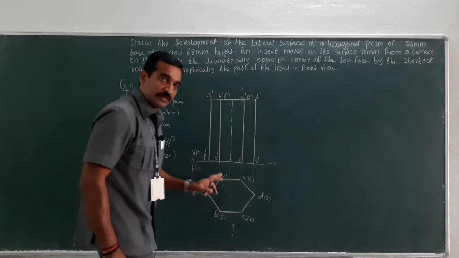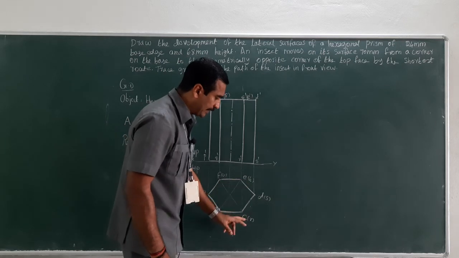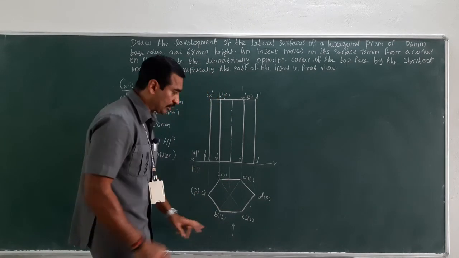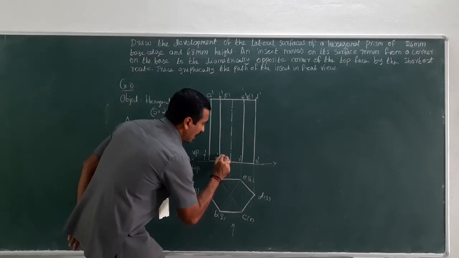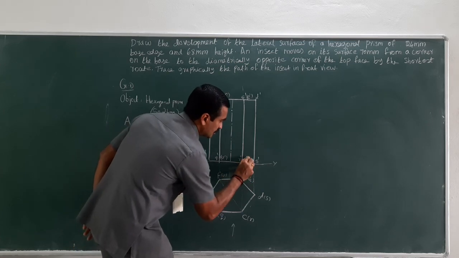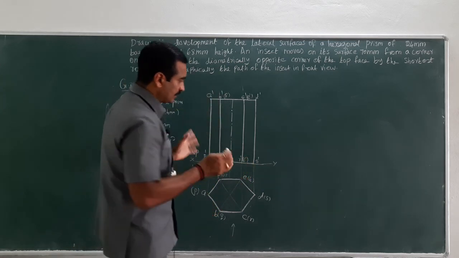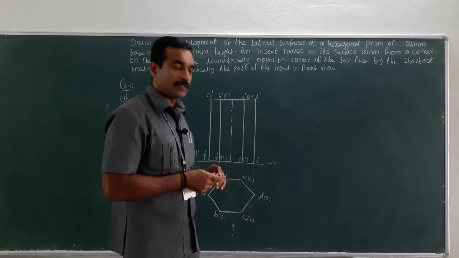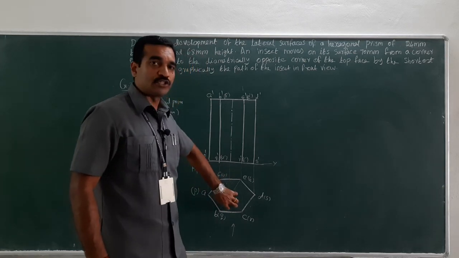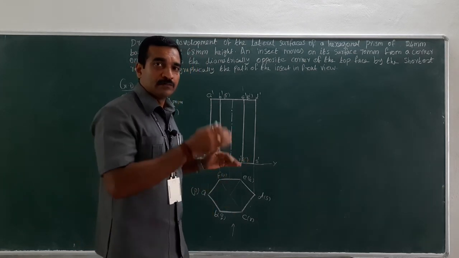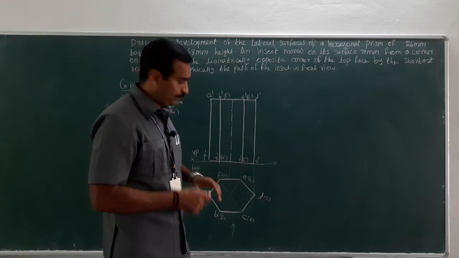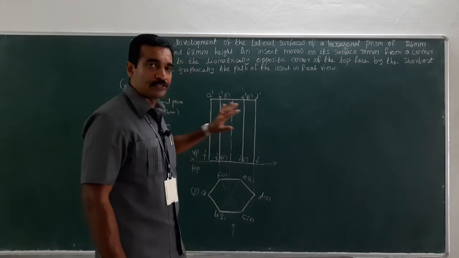T and U are invisible because T is right behind R and U is right behind Q, which can be denoted within brackets. So this is the simple resting position of the hexagonal prism. Top view and front view are over.